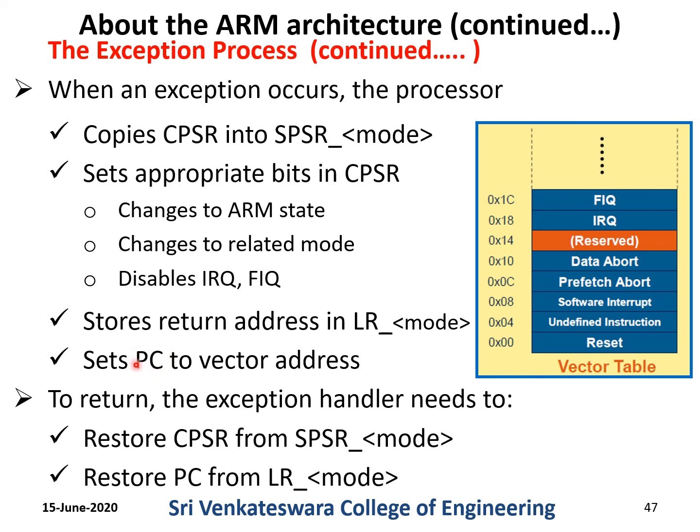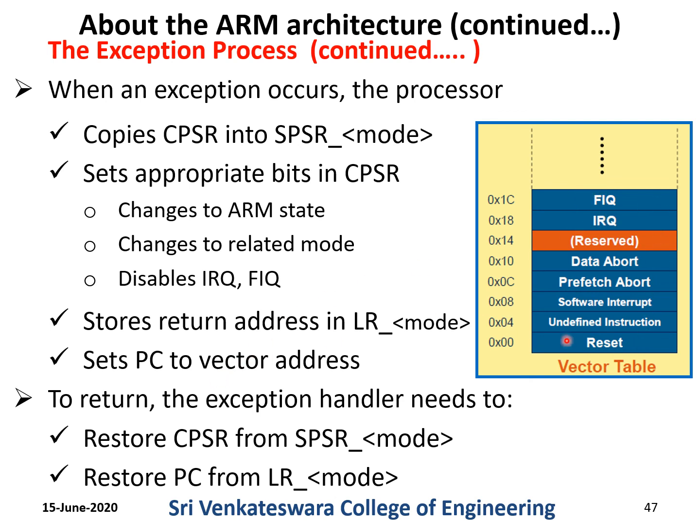The previous value of the program counter is loaded into the link register of the corresponding mode. So whichever mode the processor gets switched into, that corresponding link register will have the previous value of the program counter. The current value of the program counter is nothing but the vector address corresponding to the particular exception or the interrupt request.